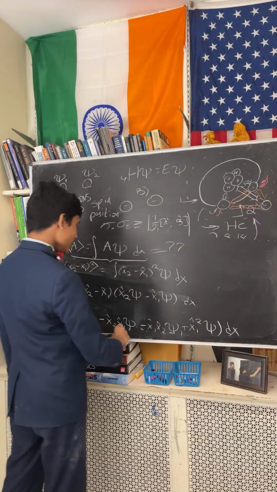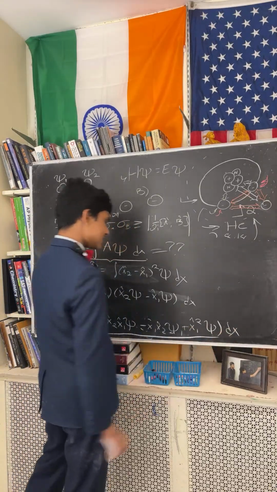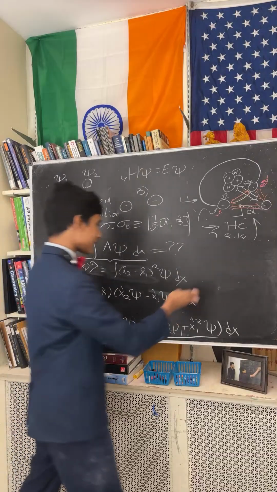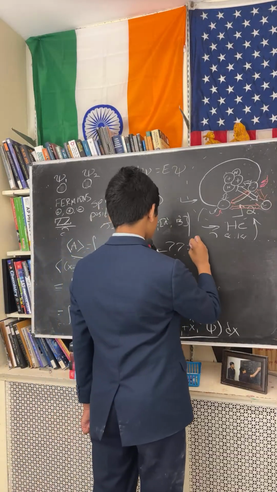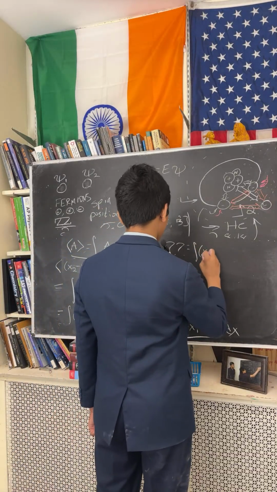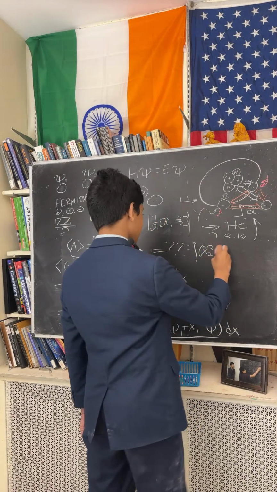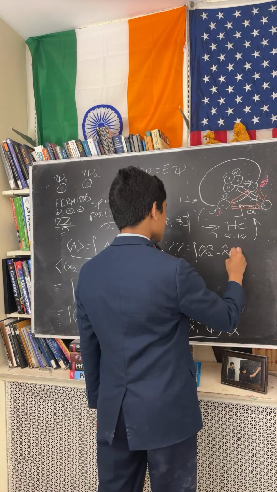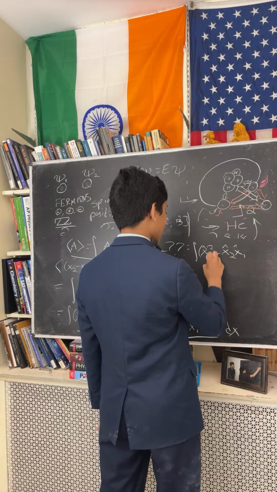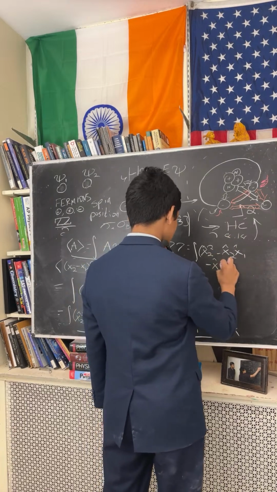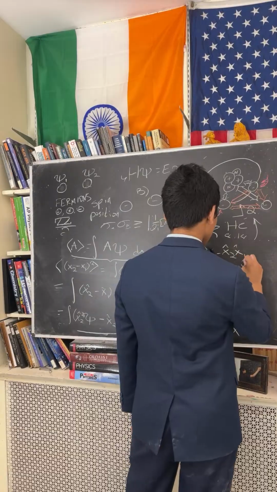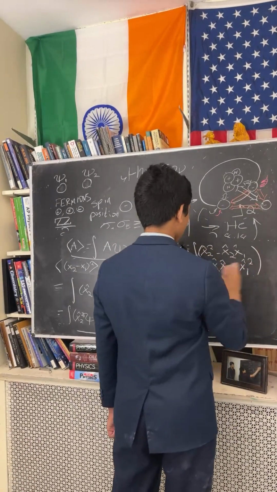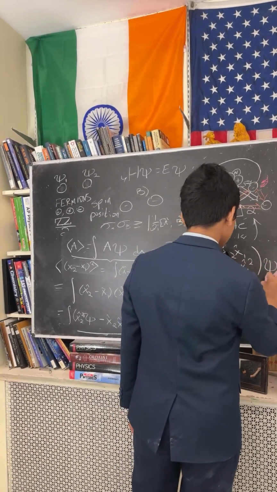And this whole thing is just telling us that when we factor it out, we get x2 hat squared minus x2 hat x1 hat minus x1 hat x2 hat plus x1 hat squared, psi dx.